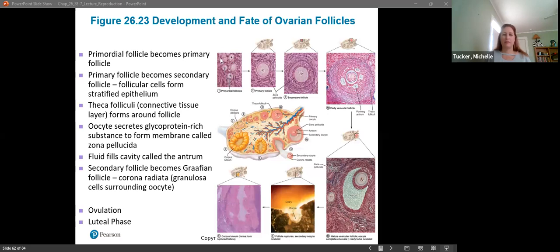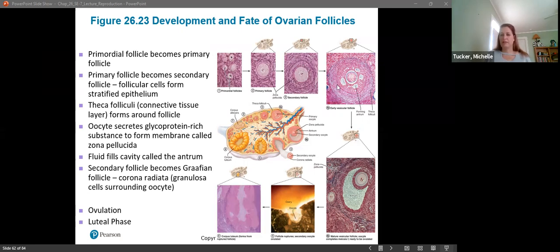Then during puberty, if it's stimulated by FSH and LH, the primordial follicle becomes a primary follicle with one layer of pregranulosa cells. This is going to mature to a secondary follicle with multiple layers of granulosa cells.